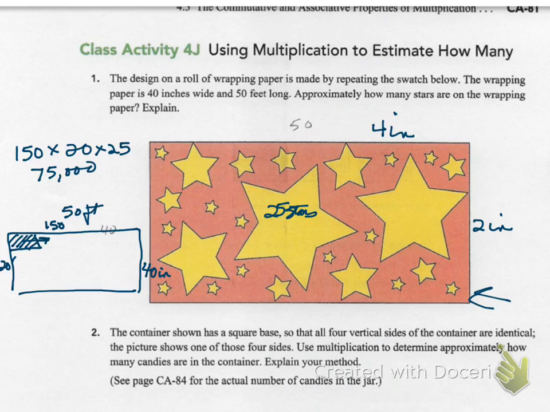And that's how we would estimate how many stars are going to be in the entire roll of wrapping paper. Okay, so I thought that was kind of clever, and it's a nice way to use arrays as well. Okay, we'll do the next, the container problem on the next page so I can show you the whole container.